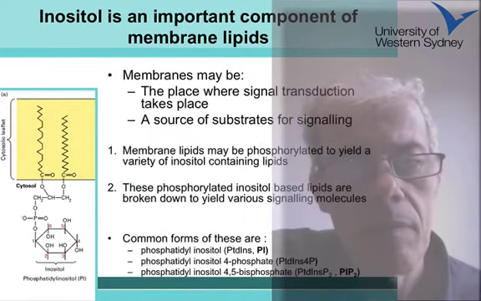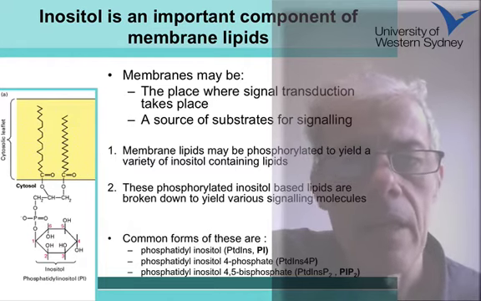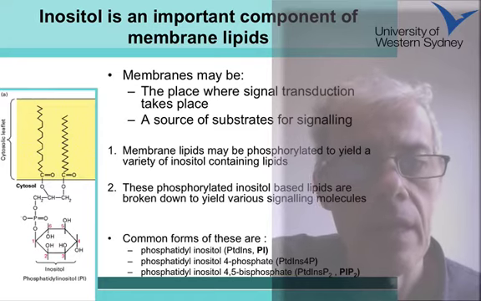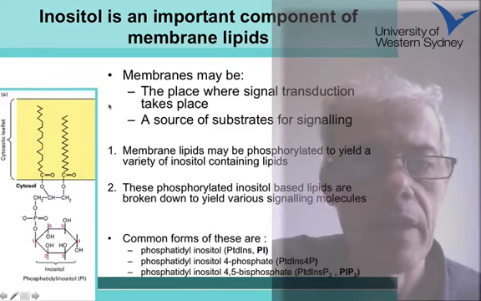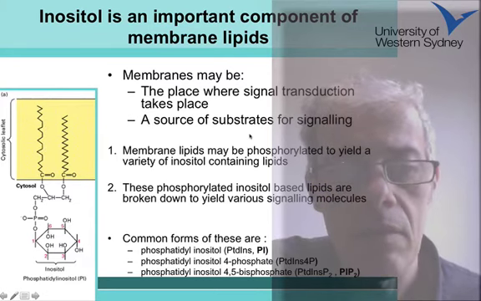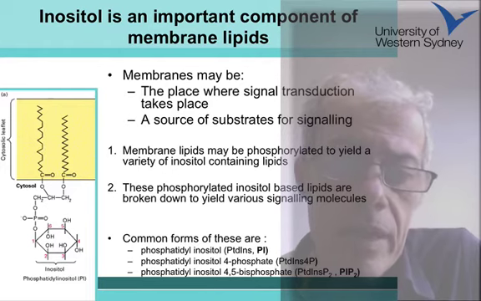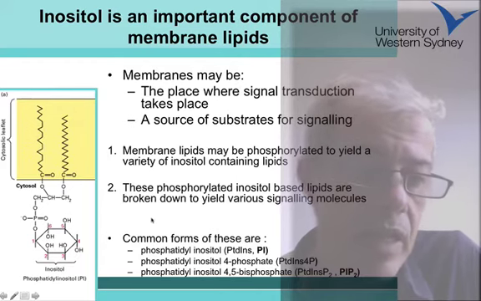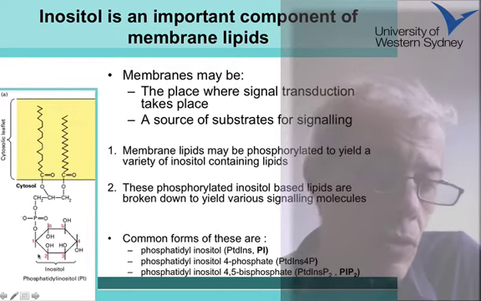So previously we've been considering the membrane as a place where signal transduction takes place. Now, in this context, we're looking at the membrane also as a source of substrates for cell signaling. There are various membrane lipids present in the cell, and some of these membrane lipids contain inositol sugar.